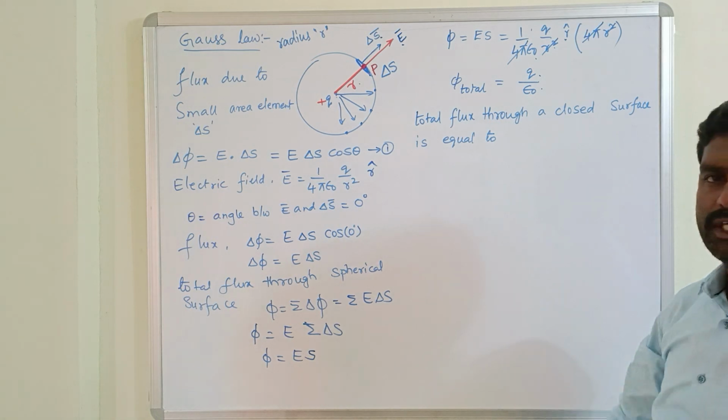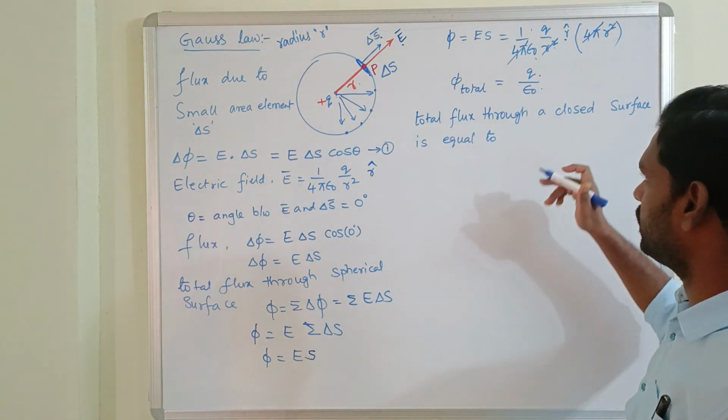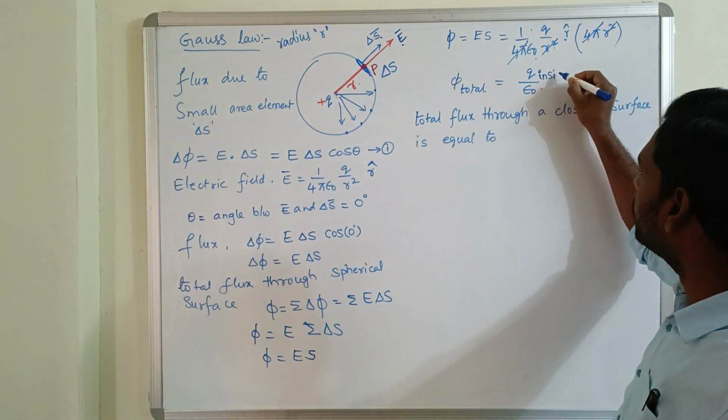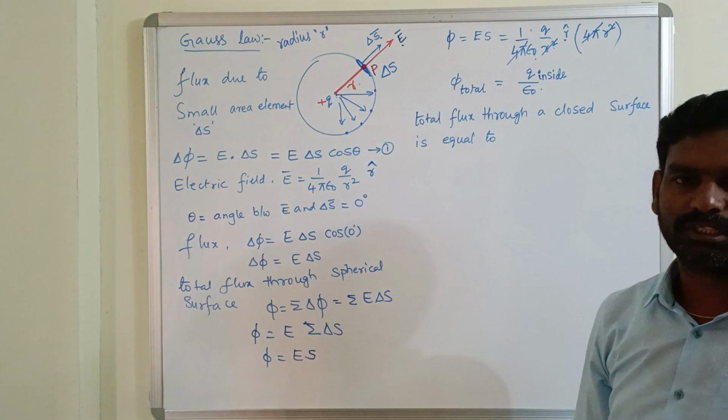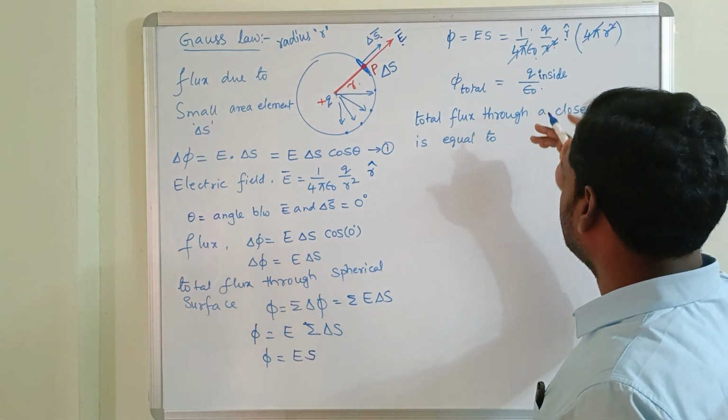If the charge enclosed is equal to 0, flux is also equal to 0. I will explain in a later section. Here charge is nothing but Q inside, the charge inside the closed surface, or charge enclosed. We call it that also.